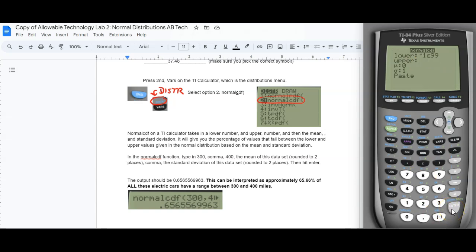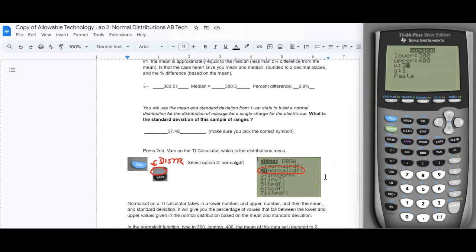All right, and it wants my lower number to be 300. My upper number is 400. My mean is what I just got right here, the 383.57. And my standard deviation is what I just got right here, 37.48. Now notice this is using population mean and population standard deviation.